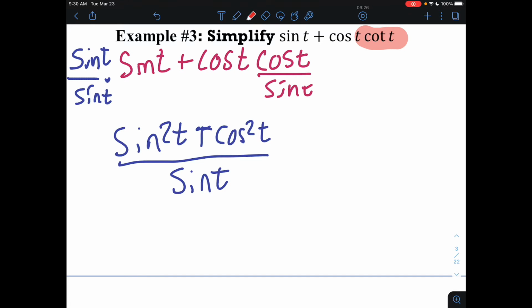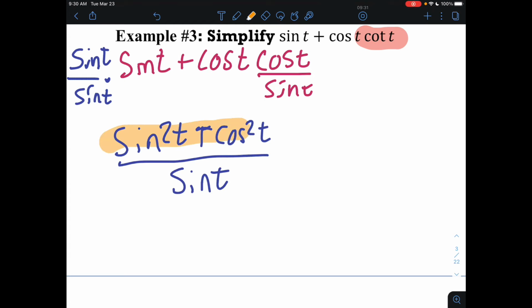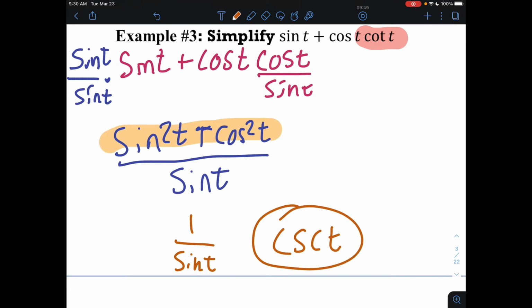Now, taking a look at what we have here, with this sine squared and this cosine squared, that's a Pythagorean identity. So that becomes 1. And then the sine just comes along. We have 1 over sine, which is cosecant. And that is our most simplified version possible.